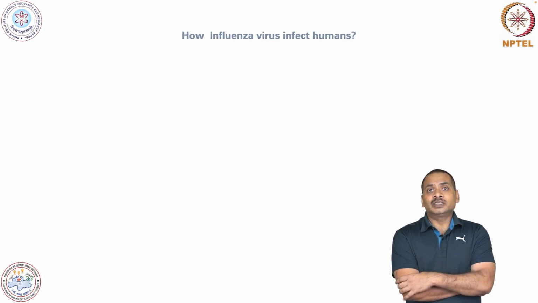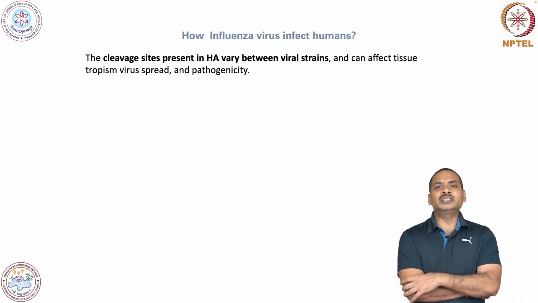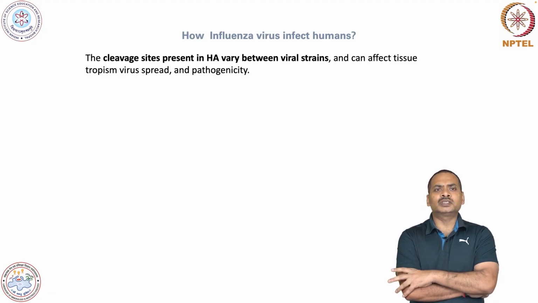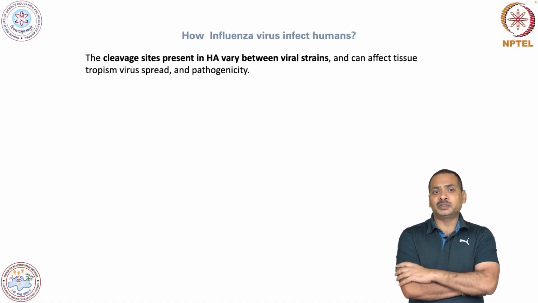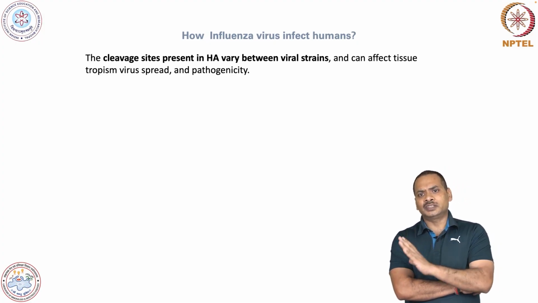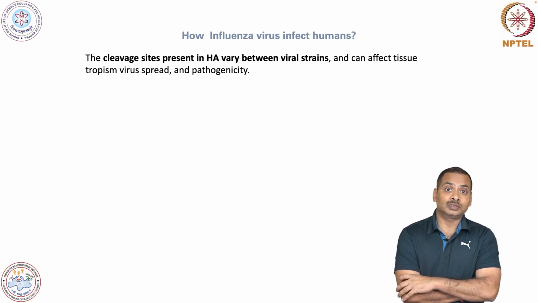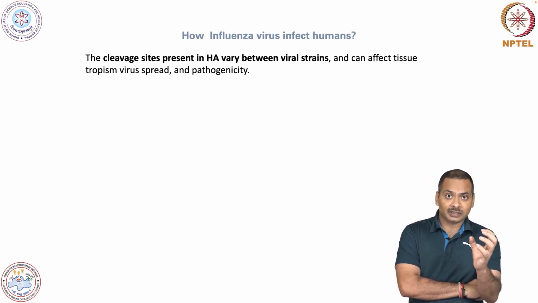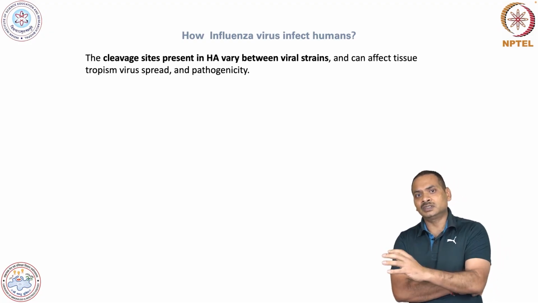How does the influenza virus infect human cells? Basically, it starts with cleavage. There is a cleavage site present in HA, which varies from viral strain to strain and can affect the tissue tropism. So, some viruses infect particular cells, another virus infects other cells.